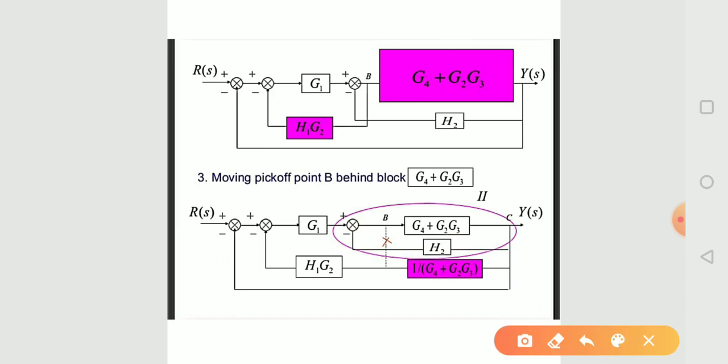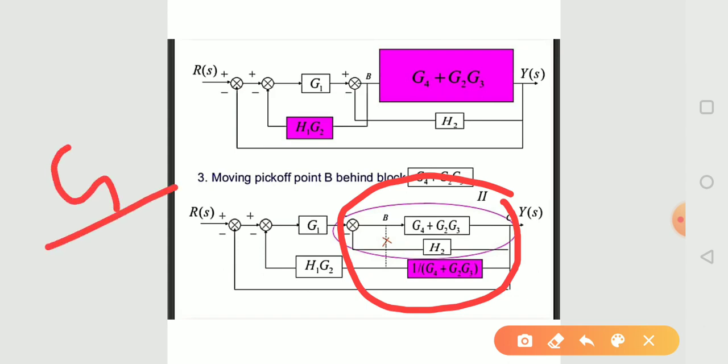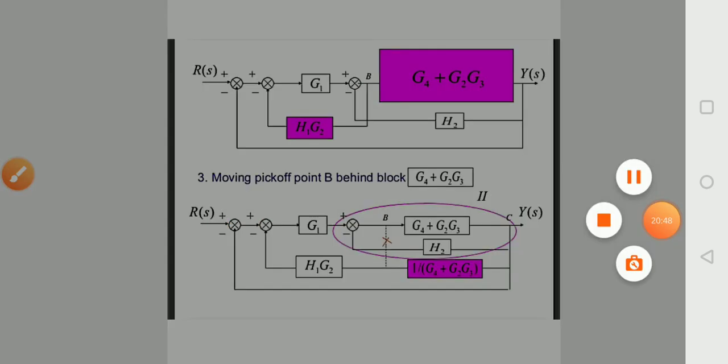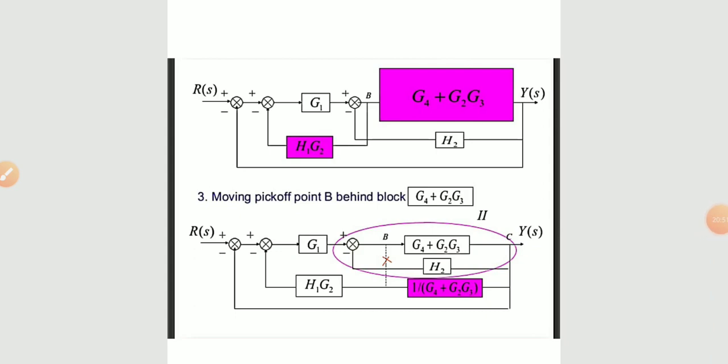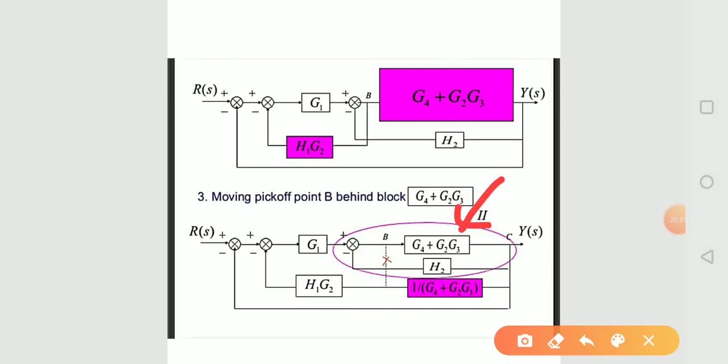Now if we see this figure, there is also a loop, the second loop. By the feedback loop topology, we know that the transfer function is G over 1 plus G into H. So now there is a gain of G4 plus G2 G3 and the feedback signal is H2.